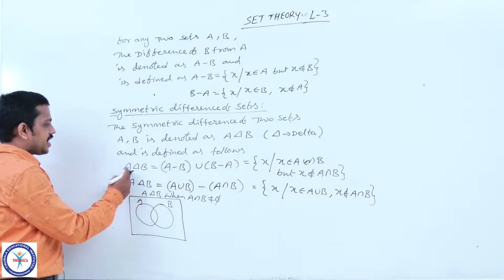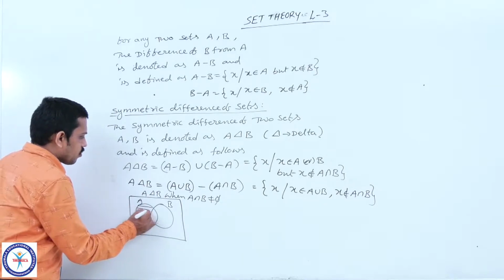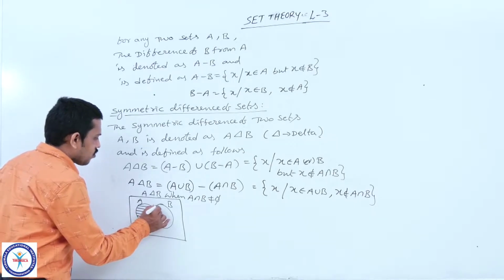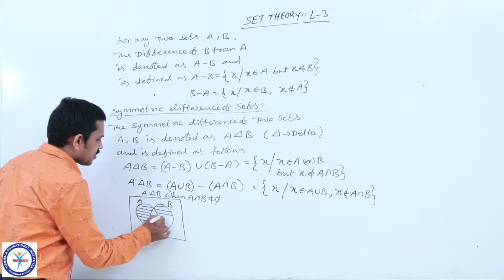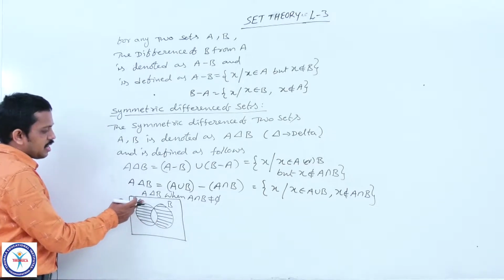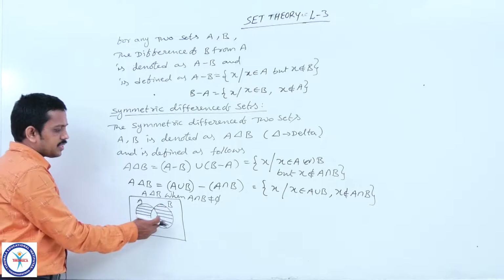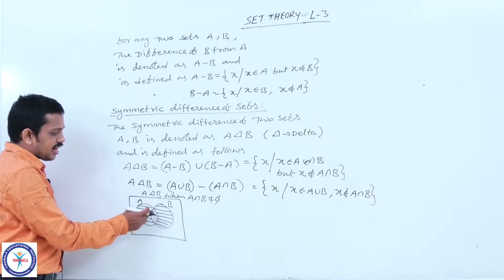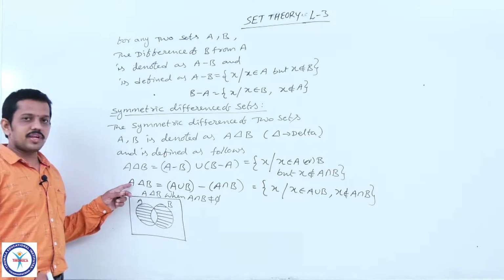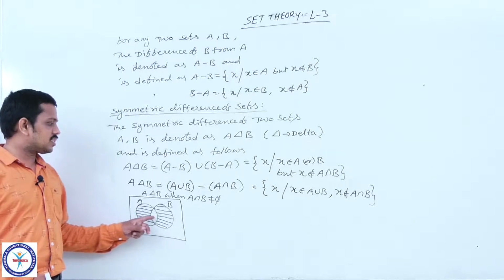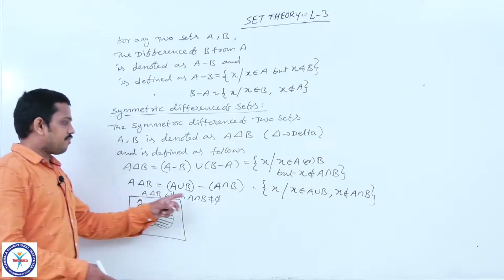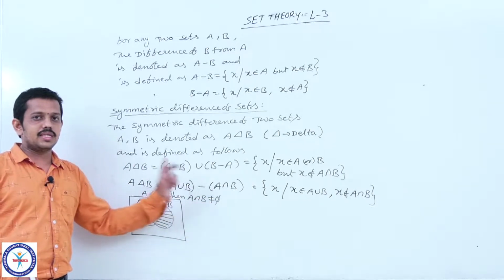Then in this case A delta B is equal to the elements only in A and the elements only in B. So here this shaded region represents only elements in A and this shaded region represents only elements in B, and the unshaded portion represents the common elements in A and B. In the symmetric difference we should not consider the common elements. So this is the Venn diagram representation for the symmetric difference of A and B when A and B are non-empty sets.